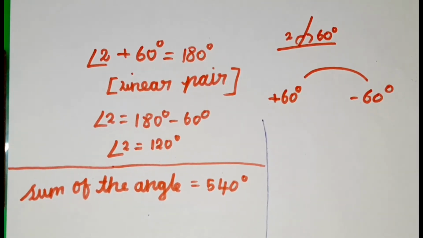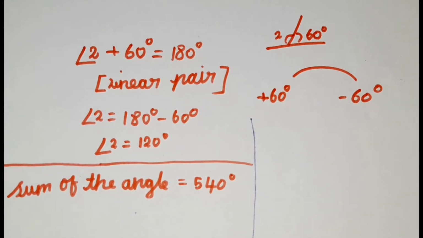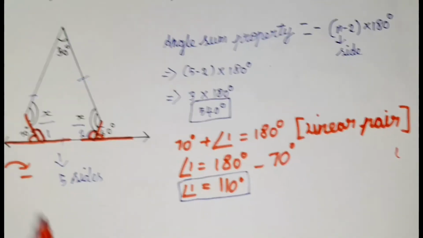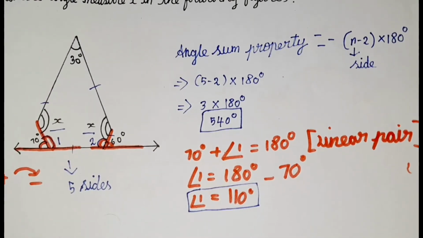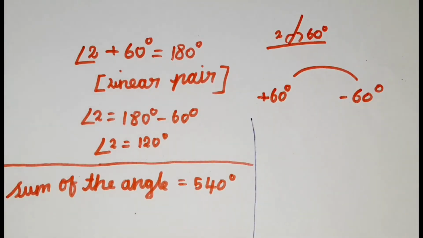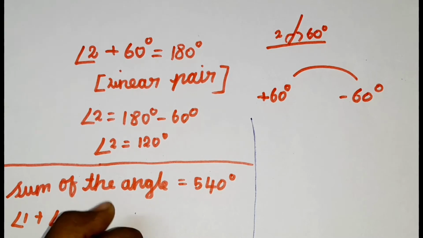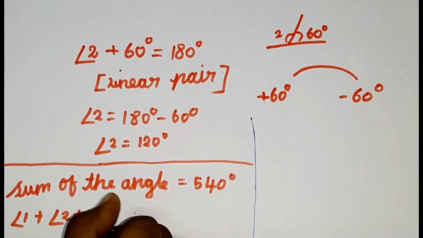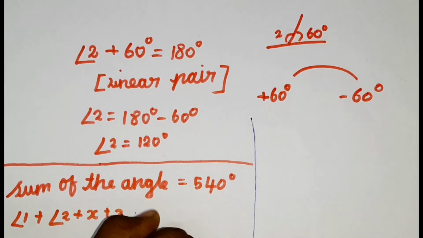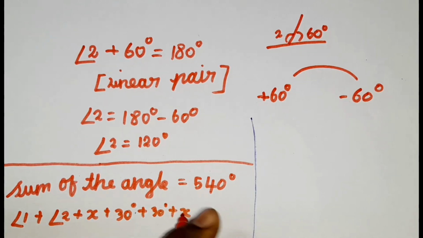So now what we should do is, the total sum of the angle, which means when we add up all the 5 angles in this, our answer would be 540 degree. So first let's write angle 1 plus angle 2 plus x plus 30 degree plus 30 degree plus x.